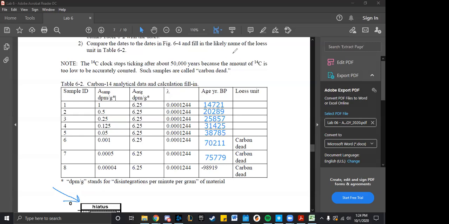So that's technically, there's a hiatus and then Peoria, Roxana, Loveland, and Mariana.